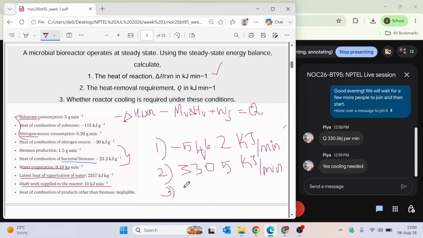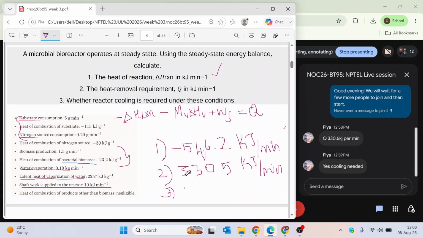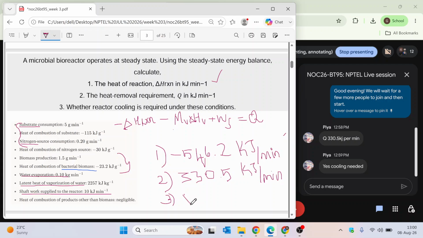Whatever heat is getting generated has to be removed, and hence you need a cooling system. So the answer is yes.